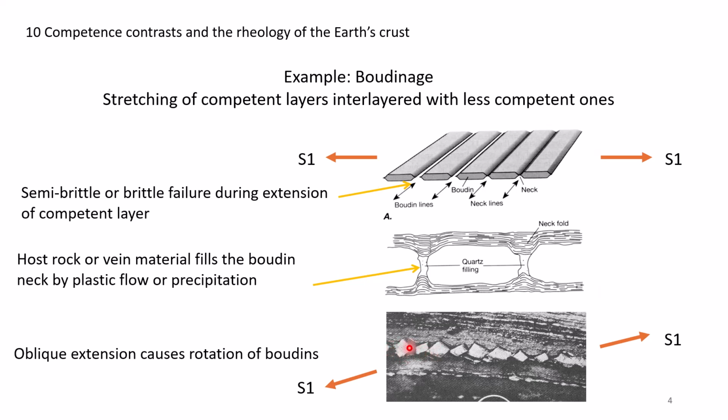And in 3 dimensions, you need to think of these rectangles here again as rod-like bodies that extend into the 3rd dimension that we don't see on this photograph. Important is the rotation, and if you see such rotated boudins, you know that the extension direction was not parallel but slightly oblique to that competent layer.